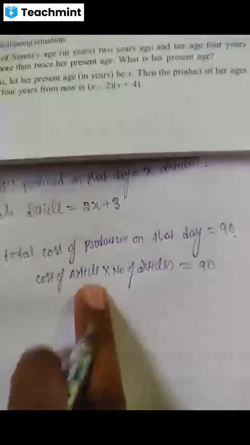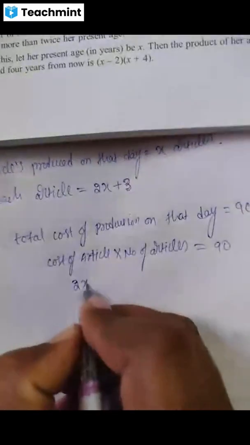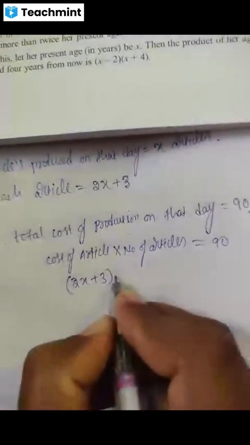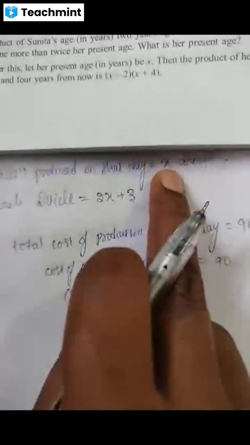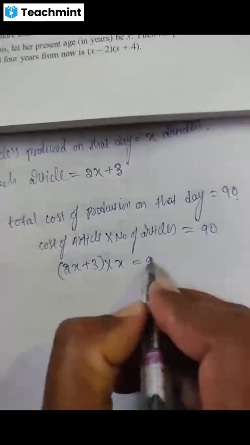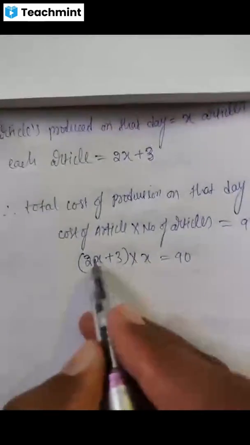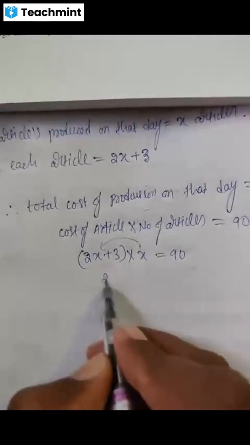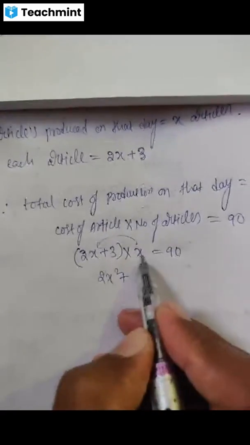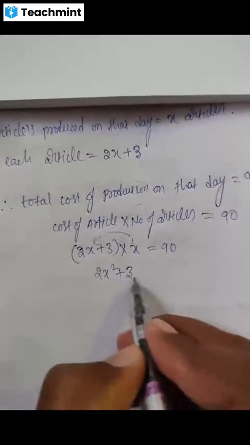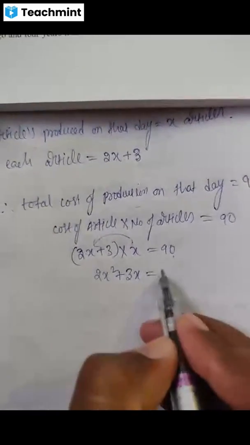Cost of article is what? That is 2x plus 3. Number of articles is x, is equal to 90. So x into 2x is 2x square plus 3 into x is 3x equal to 90.